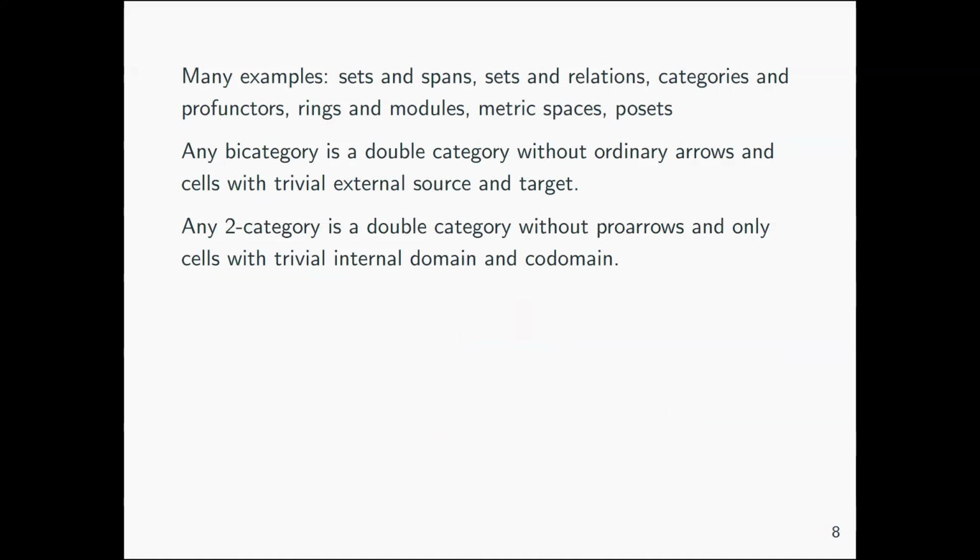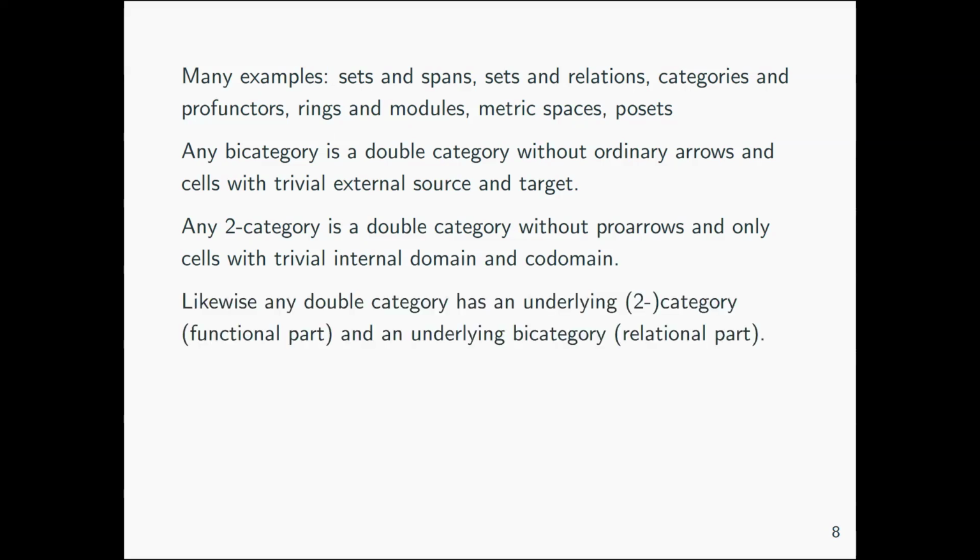Genuinely, this perspective is a generalization of both bicategories and 2-categories in sort of orthogonal directions. A bicategory is a double category where all the ordinary arrows are merely trivial. A 2-category is a double category where all the pro-arrows are trivial. And likewise, any double category has an underlying bicategory, which is given by the pro-arrows, and an underlying 2-category, which is given by the ordinary arrows.